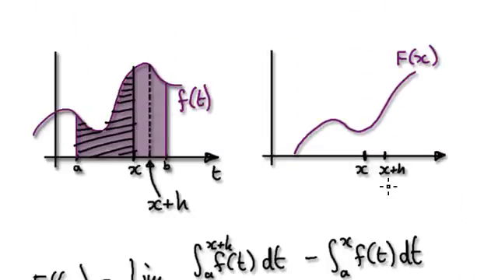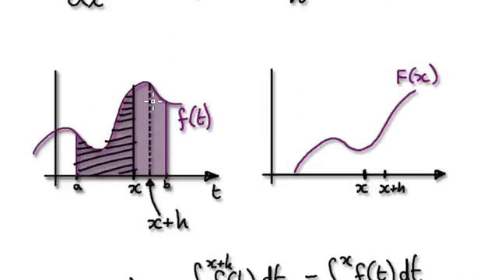So what it's saying here is get this big area here, and then take away this area here. So what you're left with is this strip in the middle here.